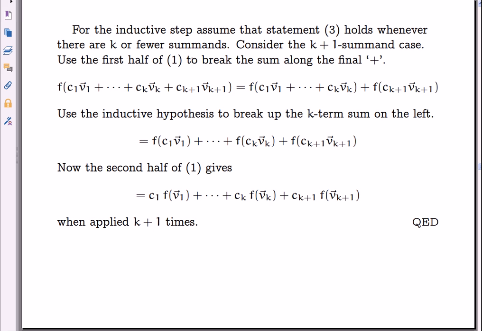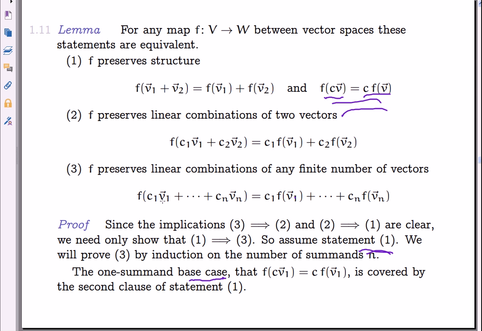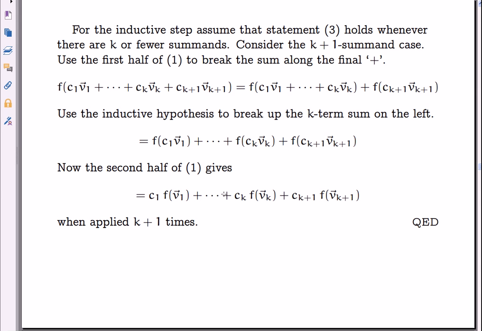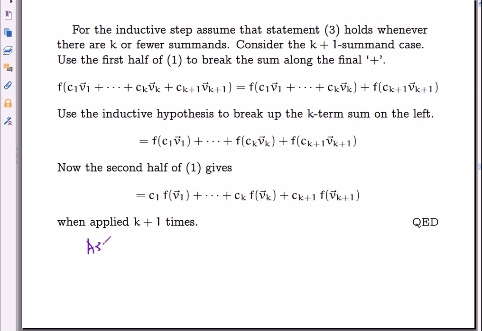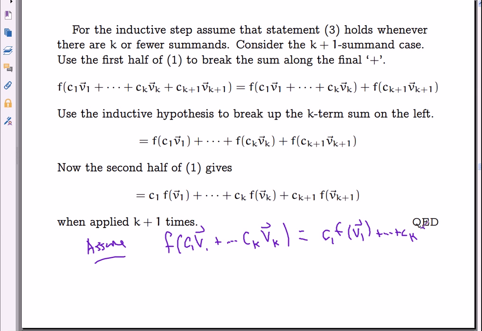Okay. Anyway, so we can assume that this statement is true for n equals k. Why don't I just write it so you can see what that is? So we're assuming that f of c1 v1 plus ... plus ck vk is equal to c1 f of v1 plus ... plus ck f of vk.